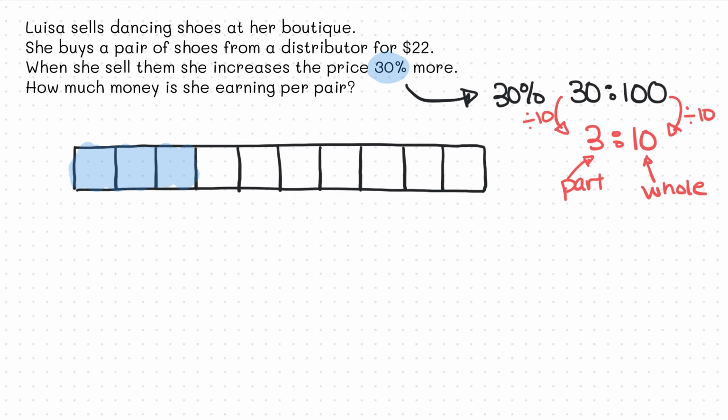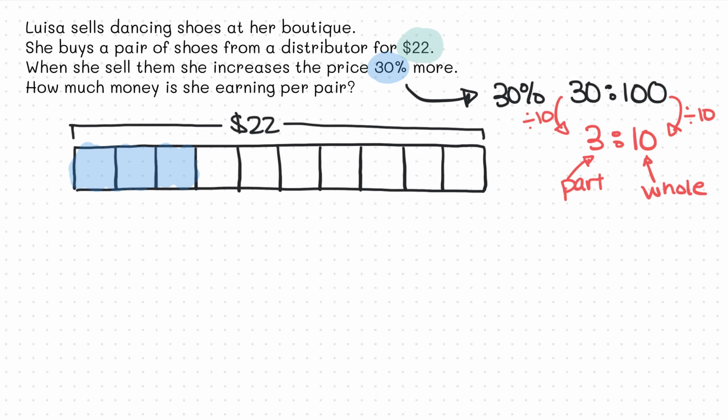So now we can continue labeling our model. So it says here that she buys a pair of shoes from a distributor for $22. So this is telling us how much the shoes are. So we can label this in our model that this entire thing is $22. And then it says when she sells them, she increases the price 30% more.